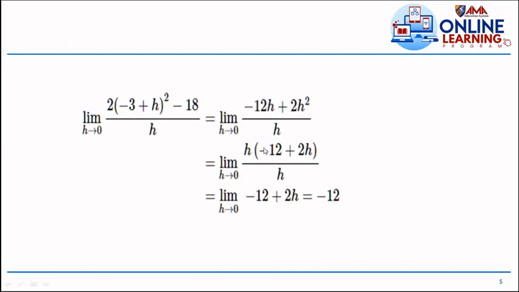If you factor that, h times negative 12 is negative 12h, h times 2h we have 2h squared, all over h. So we have negative 12 plus 2h, because the h's cancel. So your answer is 2 times h, which is 0. So 2 times 0, we have 0. What's left is negative 12.